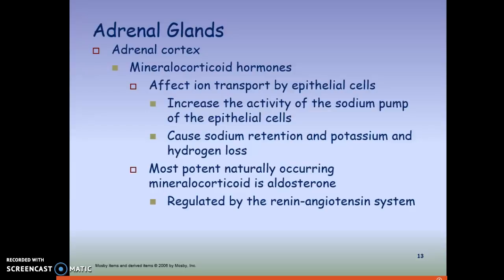And the most potent, naturally occurring one is aldosterone. And this is going to be regulated by the renin-angiotensin system. So you may actually want to go back and refer to chapter, let's go with chapter 5 material. I think that's what it is for the 6th edition.